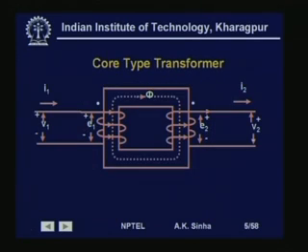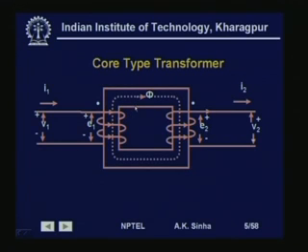We can have a simpler arrangement like this, where the windings are on the outer limbs. There are only two limbs of this transformer, and the windings are on the outer limbs, and this type of transformer, where the winding is surrounding the core or enclosed, is called the core type of transformer.